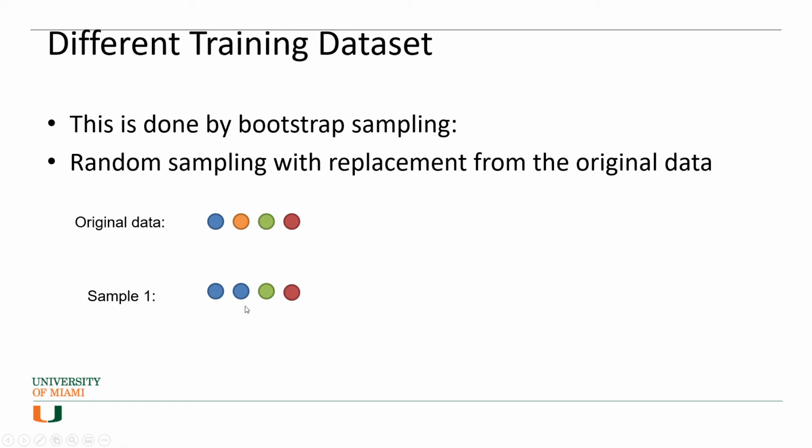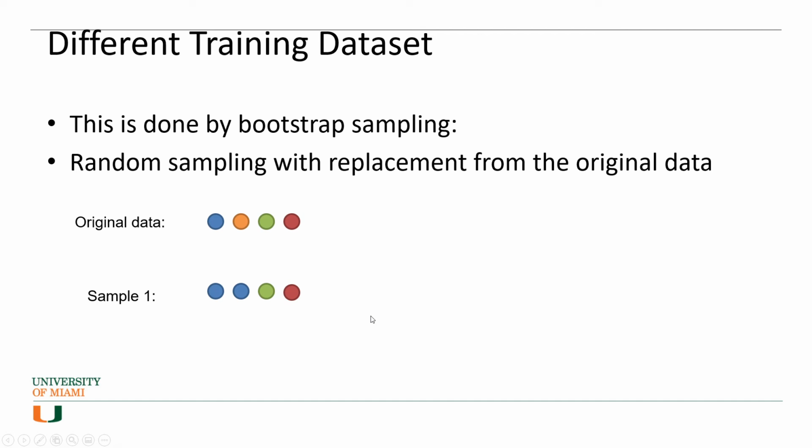This is your first sample. So it is going to include observations from the original data set. The difference is that some observations may be repeated, and as a result, because the size of the sample is equal to the original size, some of the observations will not be included in the data set. In this particular example, orange is not included.